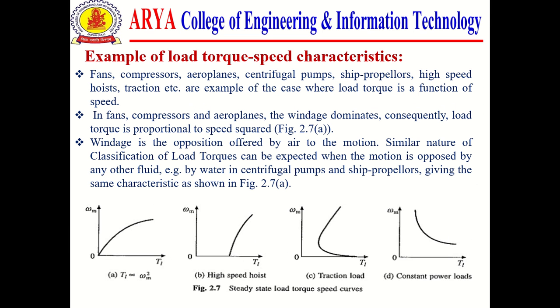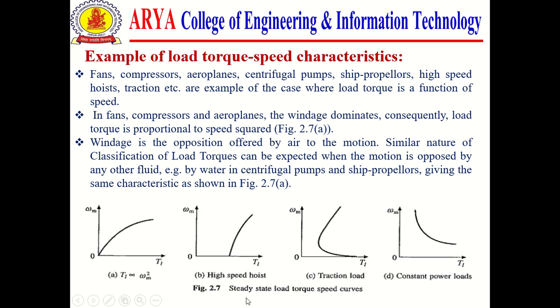Similarly, we can see some examples: fans, compressors, aeroplanes, centrifugal pumps, ship propellers, high-speed hoists and traction are examples where load torque is a function of speed. These are four examples where the load torque is directly proportional to the square of the speed.